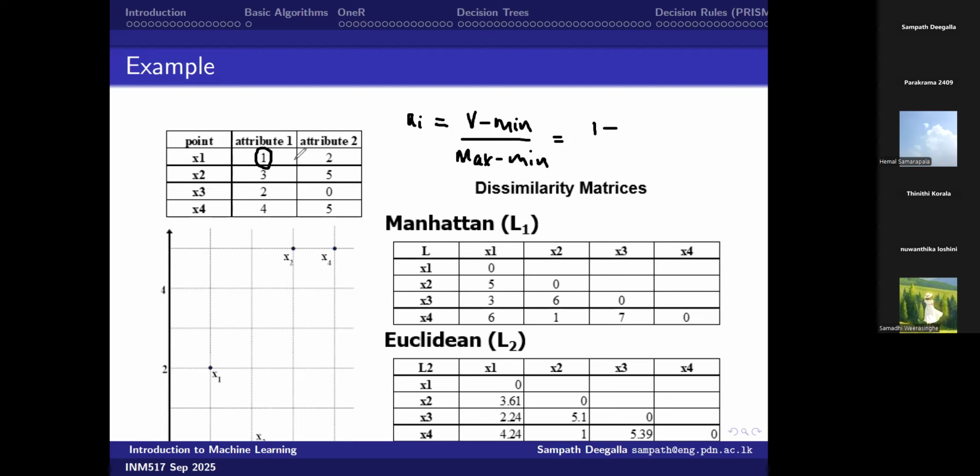In this attribute, the minimum is also 1. Divide by, what is max? Max is 4. What is min? That is 1. So you will have 0 divided by 3. So that is 0. After normalizing, this value becomes 0. You get my point, right? Yes. Okay, what about this value? Can you give me the normalized value?